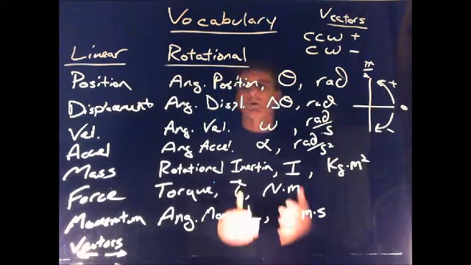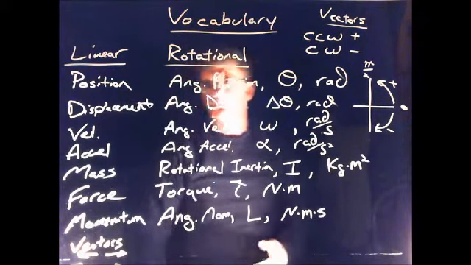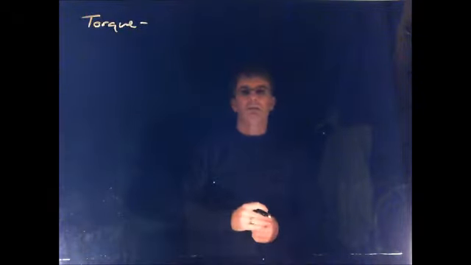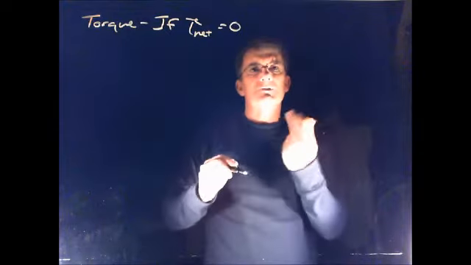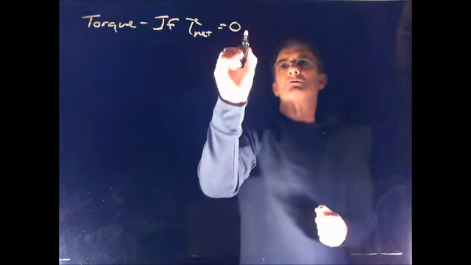Okay, so now let's talk about the big ideas. Like all my other units, I broke it up into parts A, B, and C. A talked about forces, B talked about energy, part C talked about momentum. I'm doing that again here. So my 7A is talking about torque. The basic idea is, if the net torque is 0, the object's rotation is not going to change.